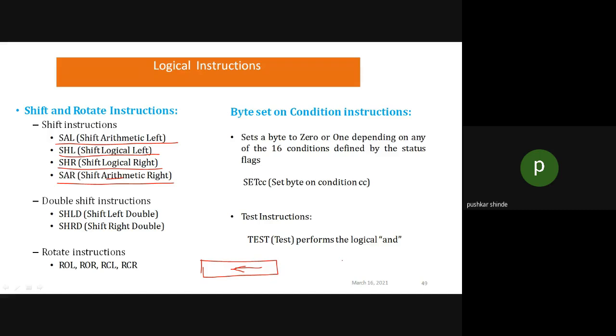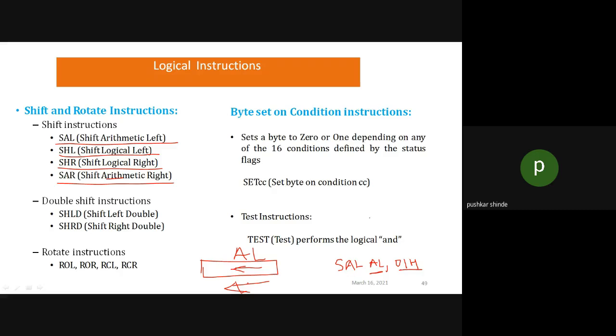So if I say, let's say, SAL AL, 0 1 H, then since our second operand is 1, whatever is the value of the AL register, each bit will be shifted left by 1, and the result will be stored into the destination operand 1, that is in AL.